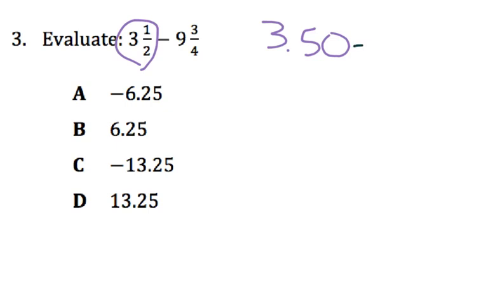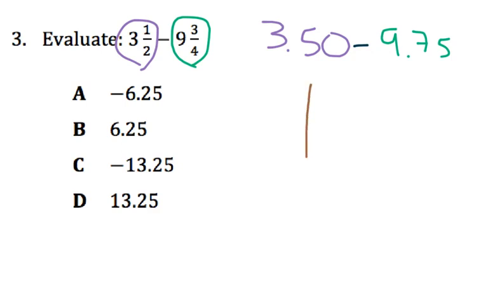I'm going to bring over the subtraction sign, and now I'm going to think about this one in terms of money. 9 3/4, that's like $9 3/4, because a fourth is a quarter of a dollar. 3/4 is 75 cents, so that's like $9.75.